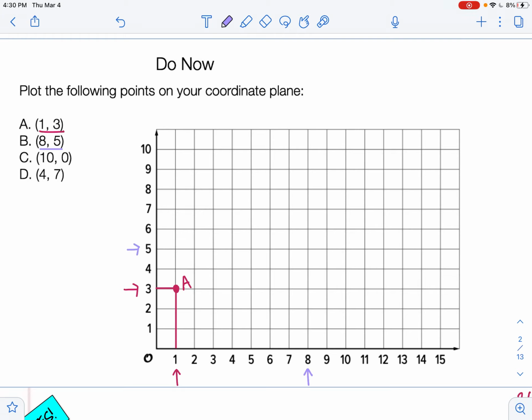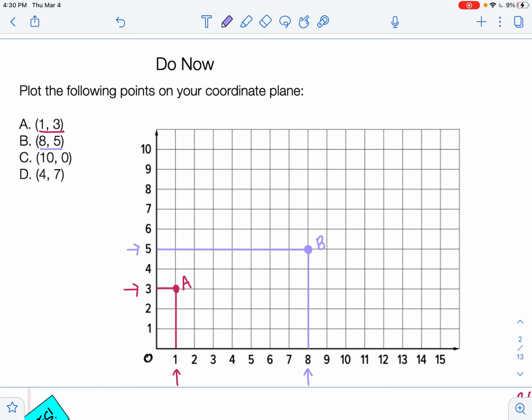I need to go to the point where they meet. Now, a lot of students are drawing these lines to help them. See that point B is at the intersection of 8 on the x-axis and 5 on the y-axis.